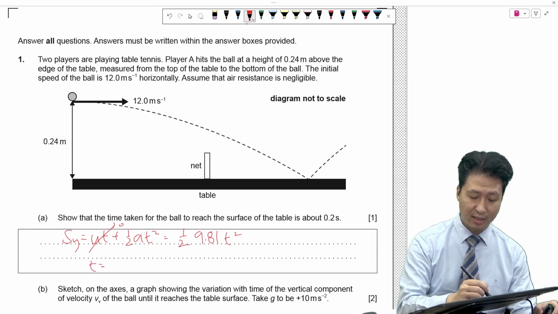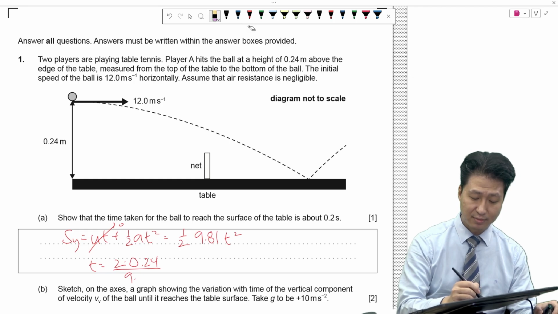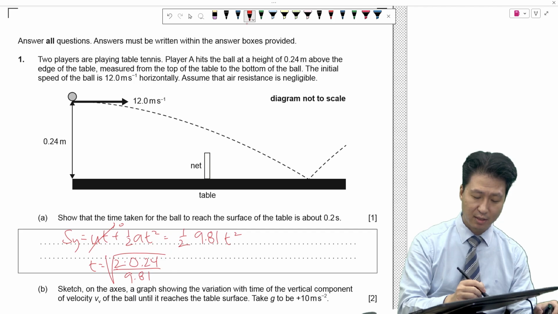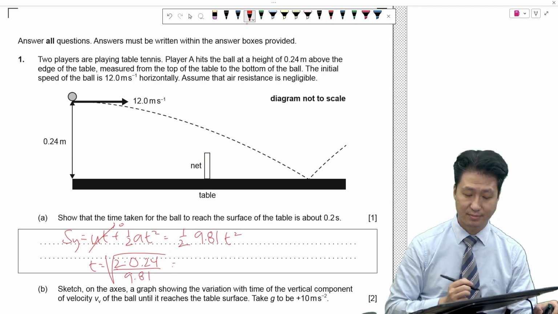That means that the time taken is going to equal the vertical height, which is 0.24 meters, times 2, divided by 9.81, and everything's under the square root sign.